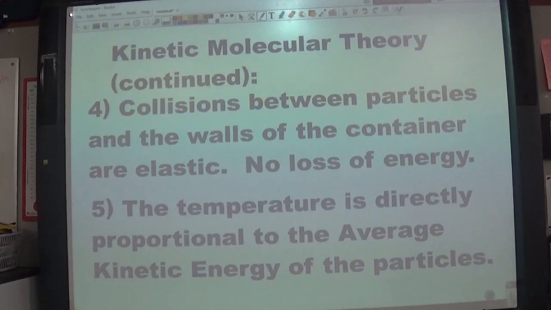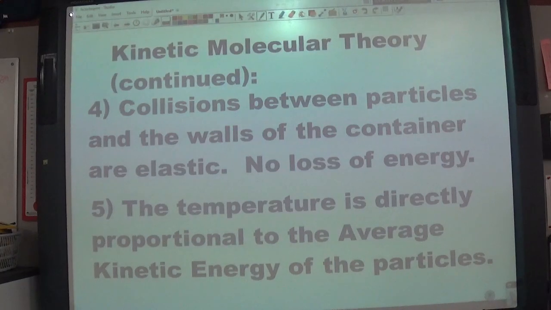This is based on the absolute temperature scale, which says that at 0 Kelvin, there is zero motion. At 100 Kelvin, there's some motion, and at 200 Kelvin, there's twice the amount of motion that there was at 100 Kelvin. And as we continue to increase every 100 degrees Kelvin, there is another set of change.